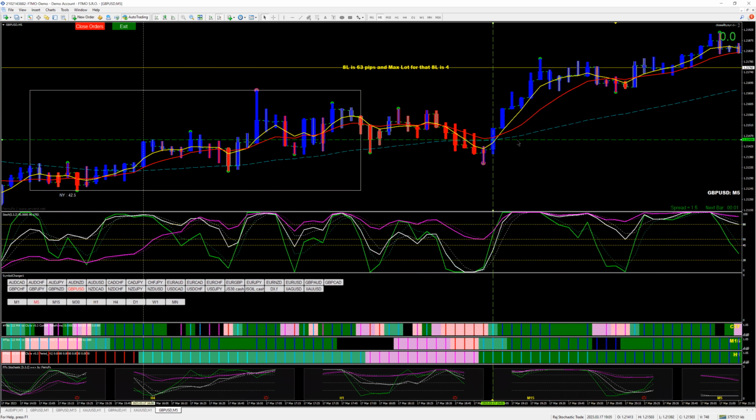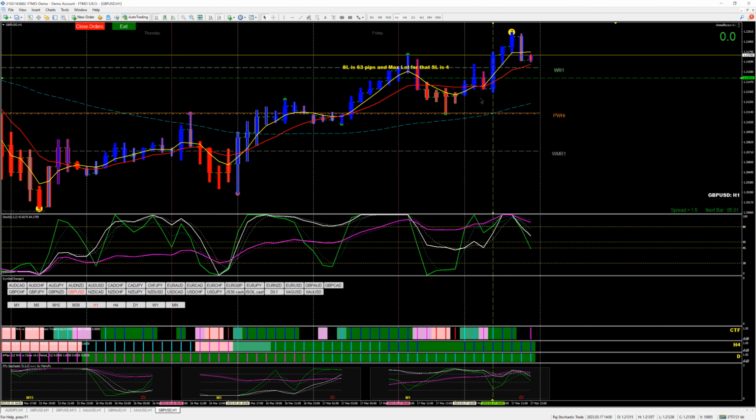And our long is over here. This is after hours. H1. Stop loss is 40 pips. So 63 divided by 40 times 4. That'll give us 6.3 lots, let's say 6 lots. And this one gave us 20 pips. That's pretty simple calculation. It's $1,200.